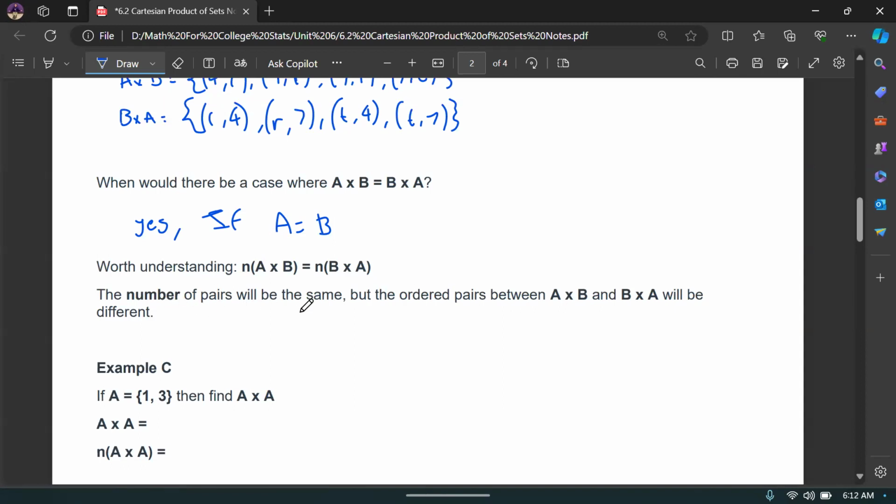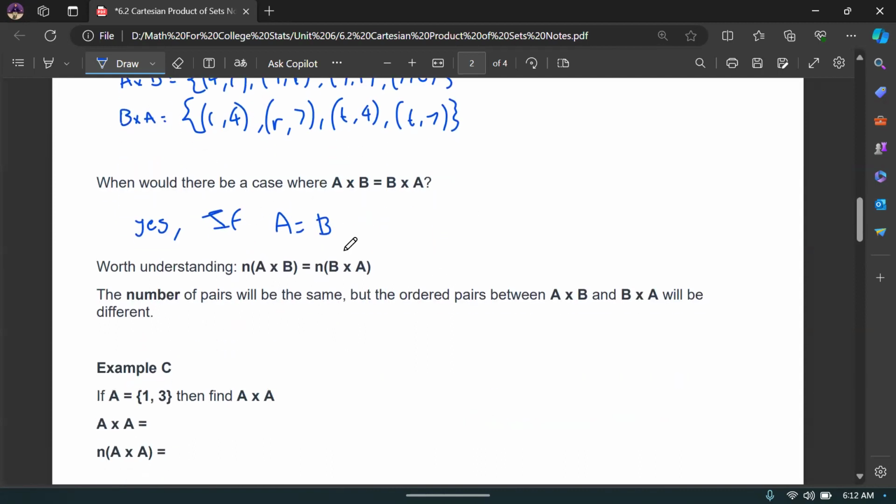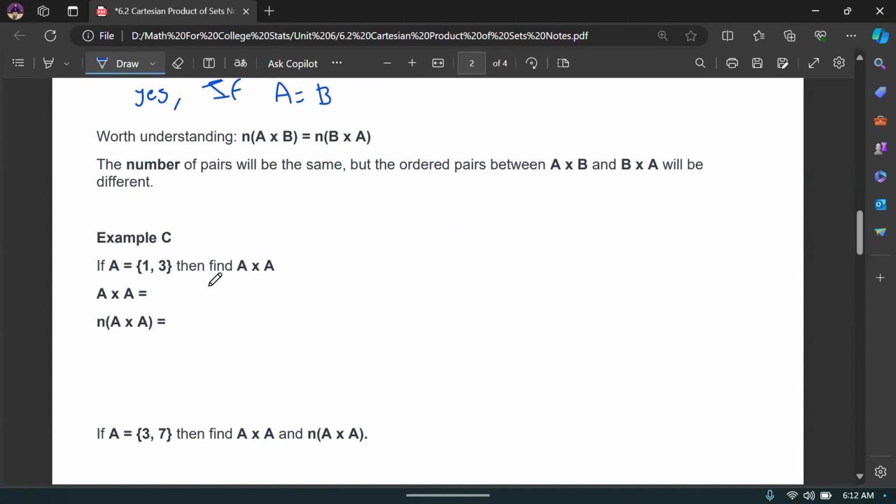The number of pairs will be the same, but the ordered pairs themselves will be different, right? That's what we saw. Number of ordered pairs is the same. They both have 4, but the ordered pairs themselves are different, unless, like we said, A is equal to B. That would be the only circumstance where they actually would be the same ordered pairs.